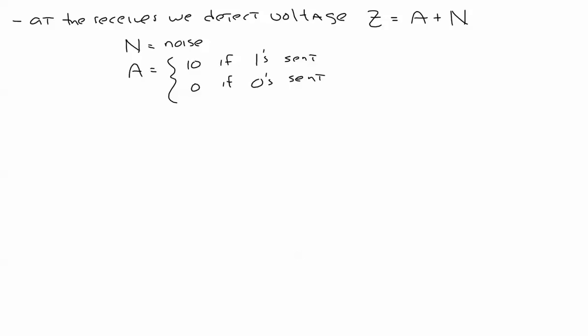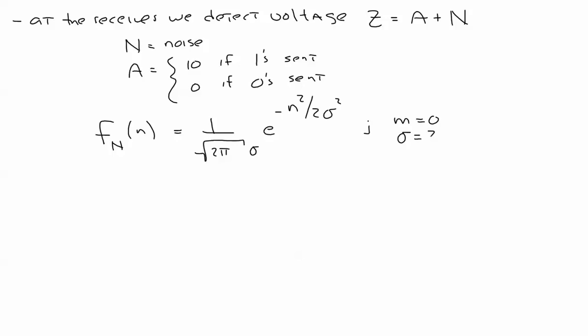Okay? Moreover, we're going to assume that my noise, as I said earlier, is zero mean Gaussian. So my probability density function for my noise is 1 over square root of 2 pi sigma e to the negative n squared over 2 sigma squared. Remember, it's zero mean. That's why my noise is centered at 0. So my mean equals 0, and sigma is 2 volts.